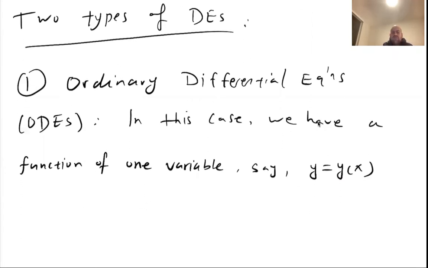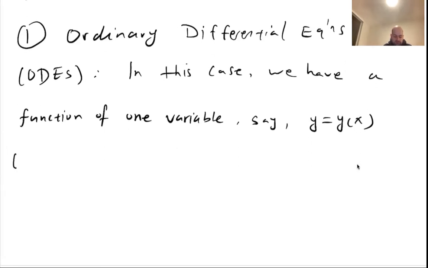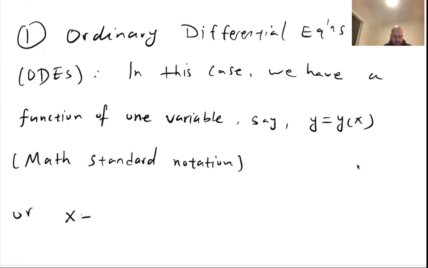So if you have one independent variable and one dependent variable, let's call the independent variable x and the dependent variable y. This is normally the notation we use in mathematics. In physics, like I said a few minutes ago, so this is math standard notation, or x equals x of t. This is physics standard notation.